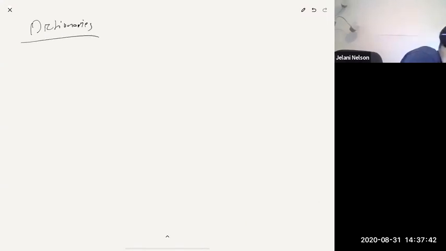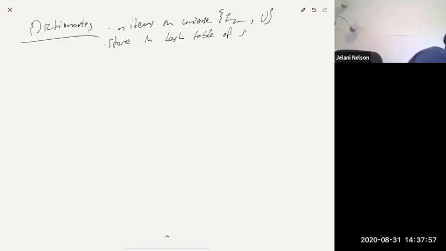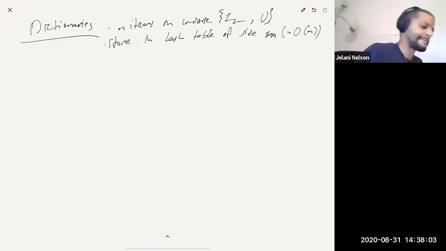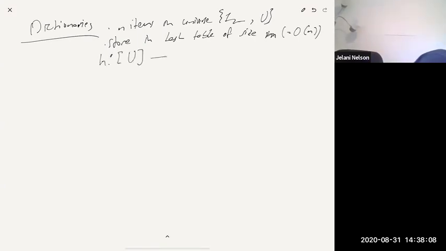So the idea is I have n items in a universe that comes from 1 up to u, and then I store them in a hash table of size m, which is only O of n, and I do it using a hash function which maps the universe into a range, which is the size of the hash table. So basically, I have this hash table.